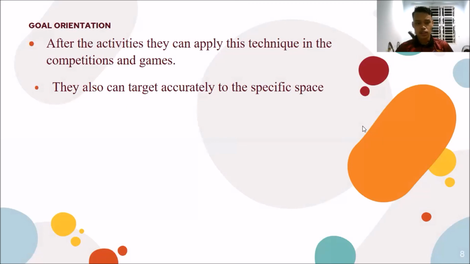They can target the drop shot which is near the net and not far from the net, because a shot far from the net is also called a drop shot, but it is not so good in technique.